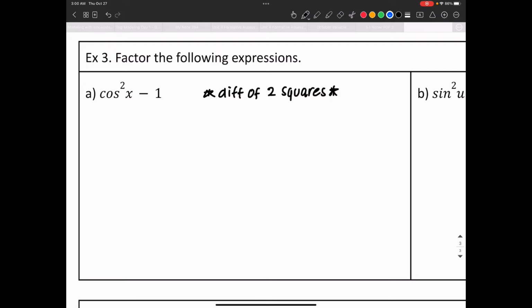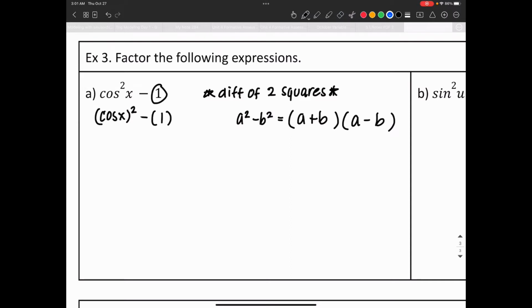Because it's the difference of two squares, I know that if I had a squared minus b squared, I could rewrite that as a plus b times a minus b. So here, the thing that's being squared first is cosine. So I know cosine of x is squared, and I'm subtracting 1 squared.